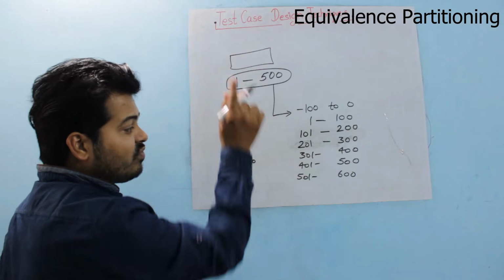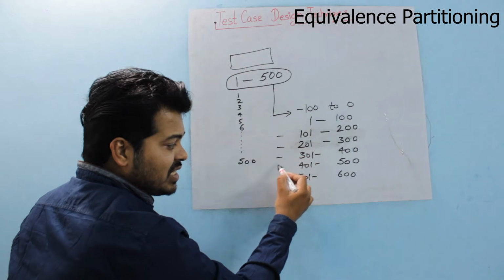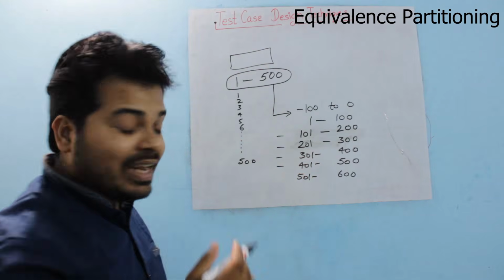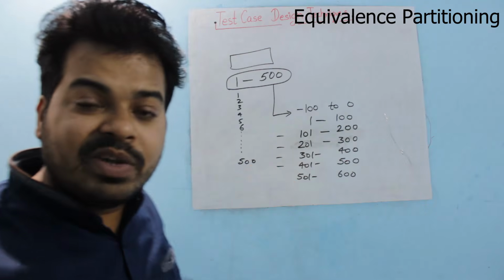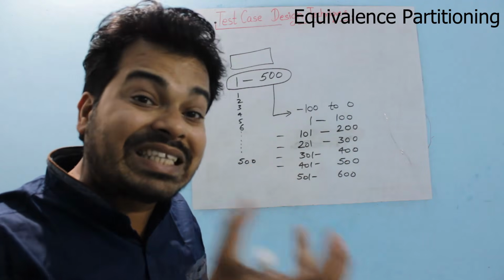You are dividing 1 to 500 into different classes, and then out of each class you will enter only one digit and check whether it is accepting or not.